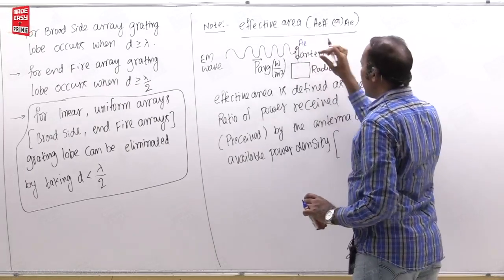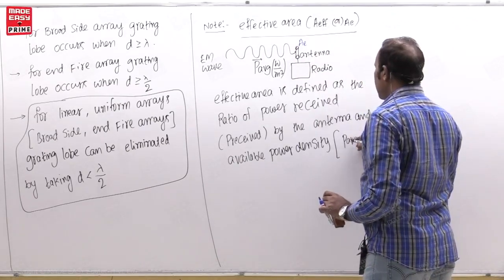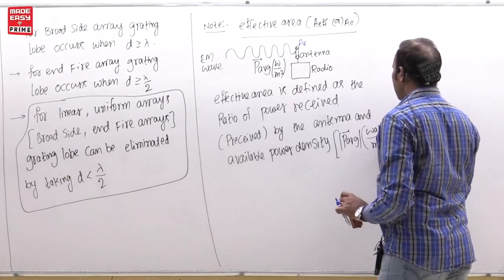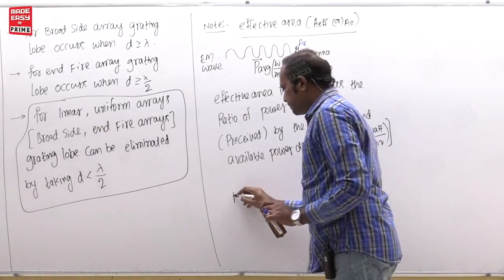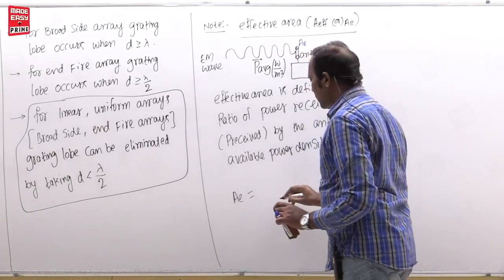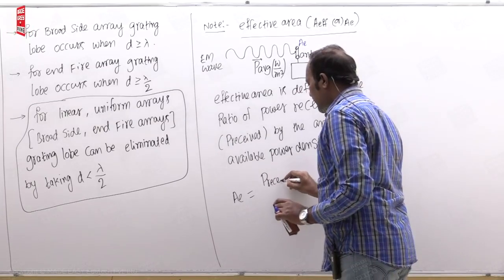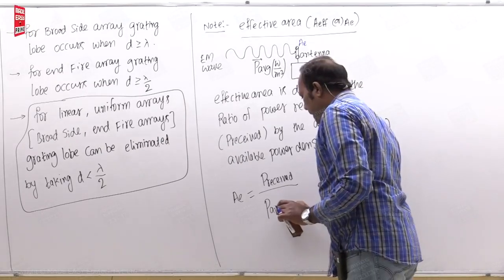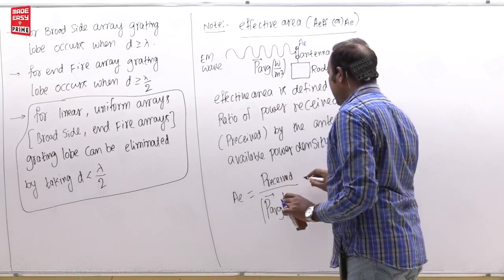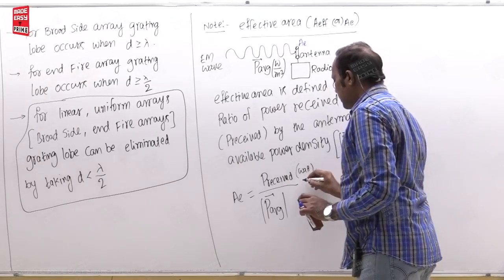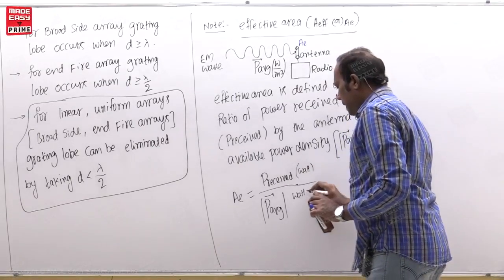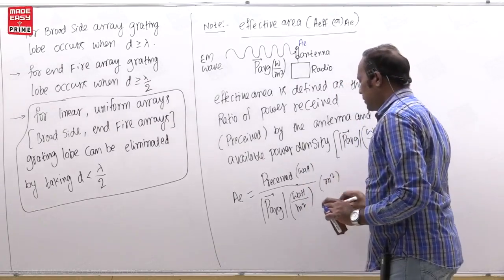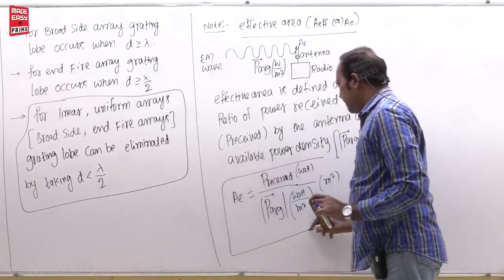That means nearby the antenna how much power is available. That is nothing but average pointing vector. Unit is watt per meter square. So that means effective area is equal to power received divided by magnitude of average pointing vector. So already this is watt. This one is watt per meter square. So watt cancels, you get meter square, students. So this is the definition.